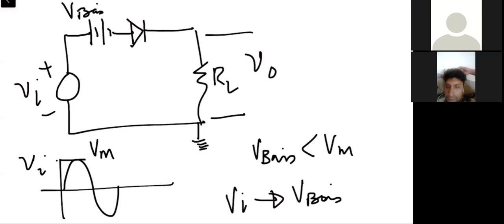This means there will now be current flowing in the circuit, and so we will have some output for the positive half cycle.